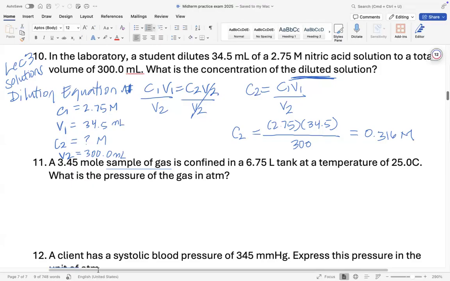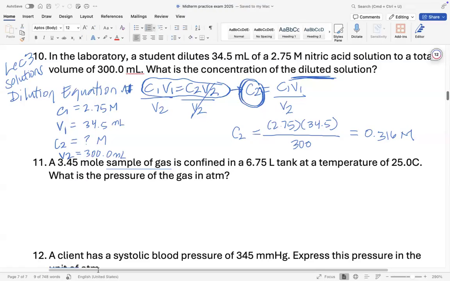Can you explain the part where you, I guess, the C2 equals C1 V1 divided by V2? I can't understand how you went from the C1 V1 equals C2 V2 to that. All right, so all I did was take this formula and manipulate it to where I put the variable that I'm trying to solve for by itself.